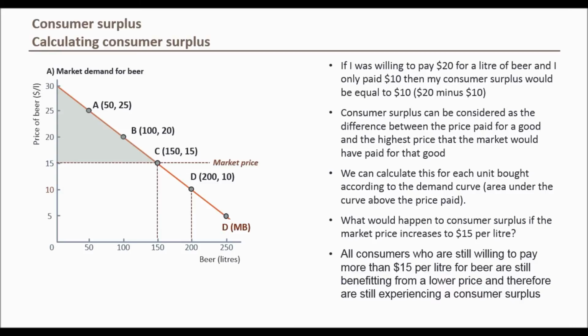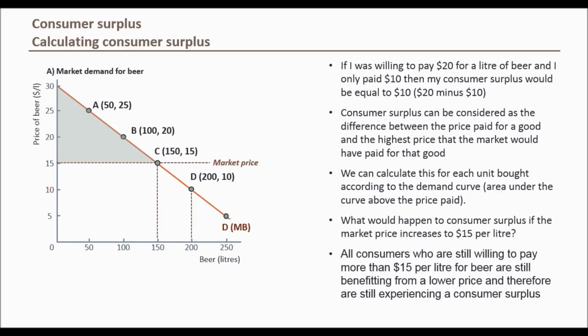So what we have just done is used a purely simple demand curve and the current market price level to show how we can calculate consumer surplus, or a sort of consumer benefit.